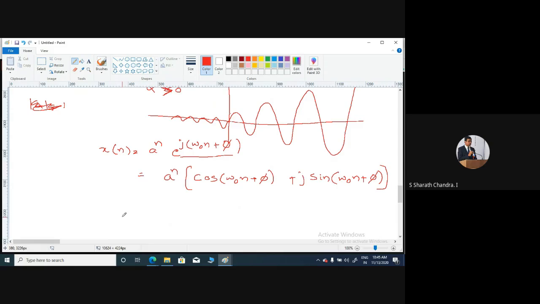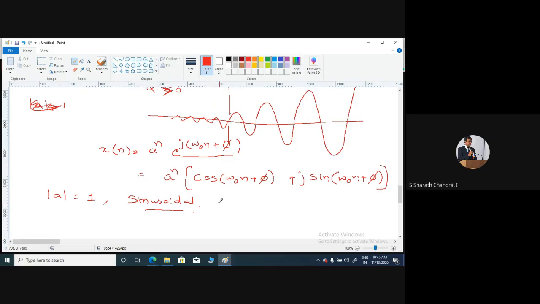And for mod a equal to 1, in this case, the real and imaginary parts of the complex exponential sequence are purely sinusoidal.